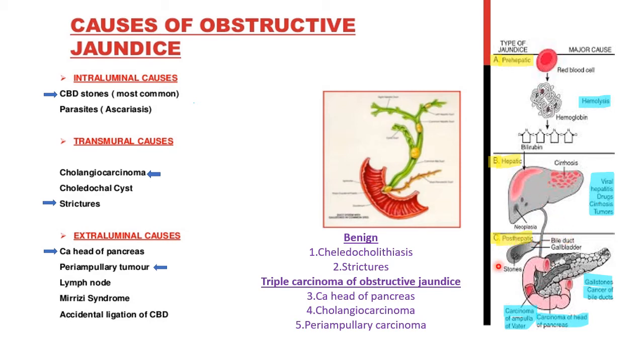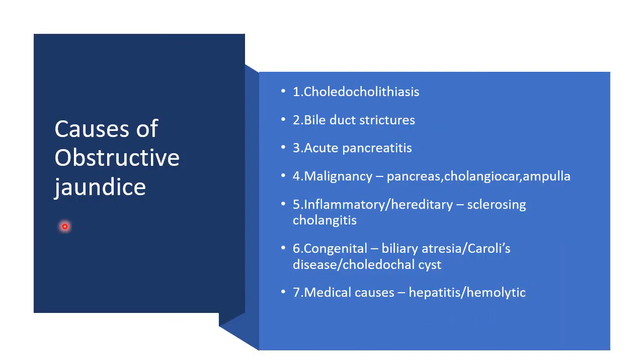And in surgery, the most common are the post-hepatic causes, which can be due to gallstones, the most important, the carcinomas which I've mentioned, and also strictures. Okay, this slide summarizes the causes of obstructive jaundice. First, as I said, the most common is choledocholithiasis or CBD stones.